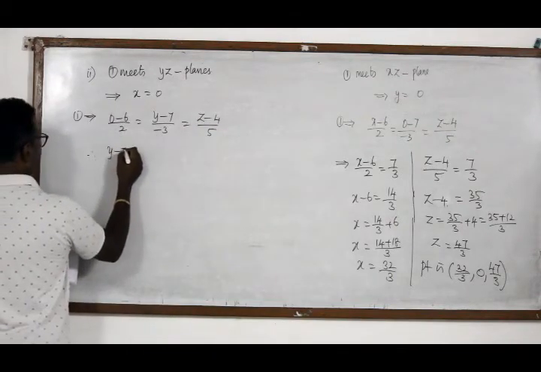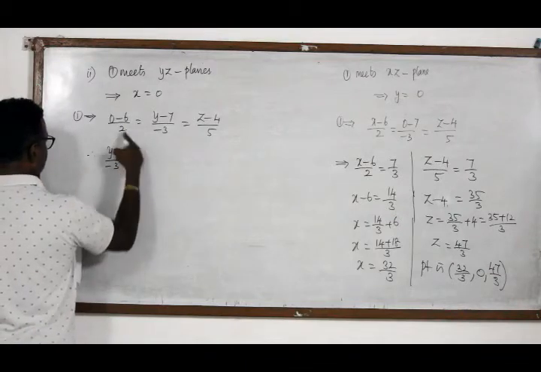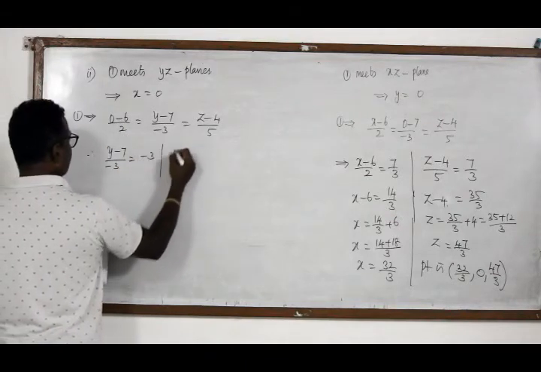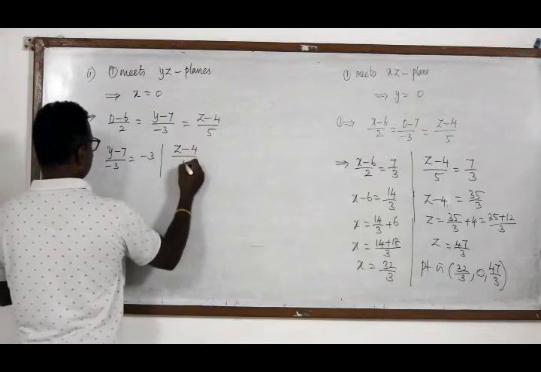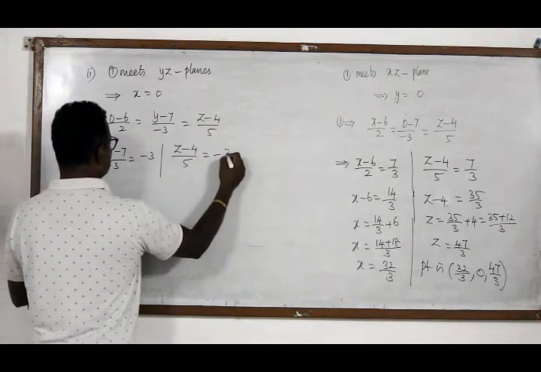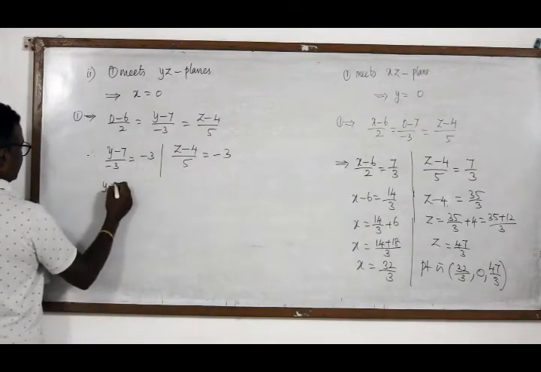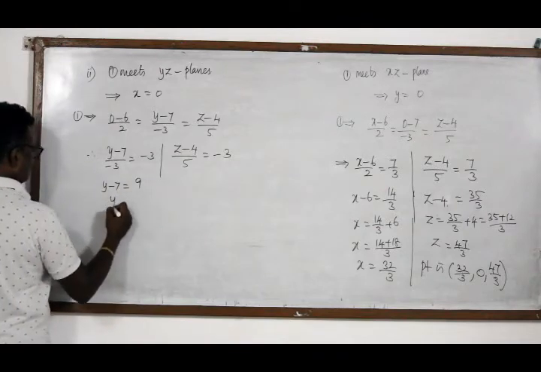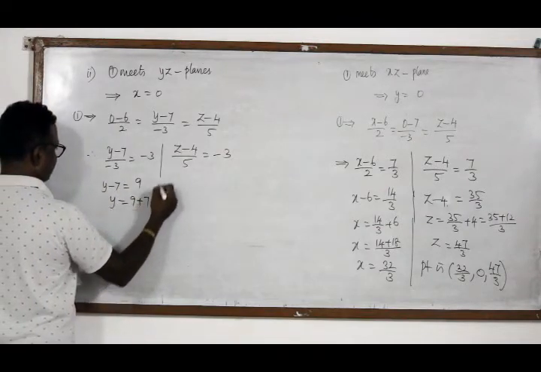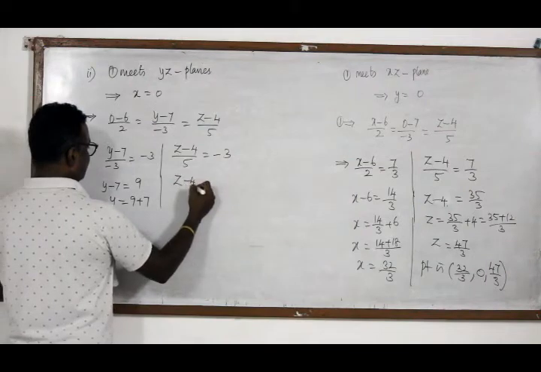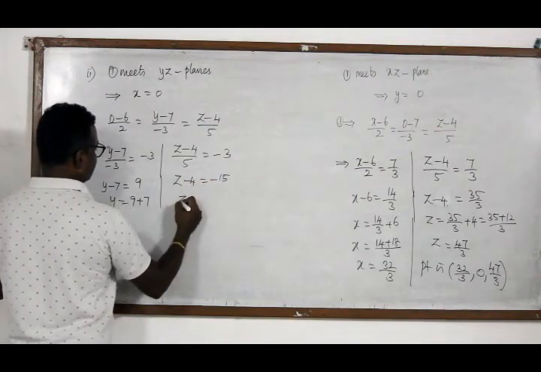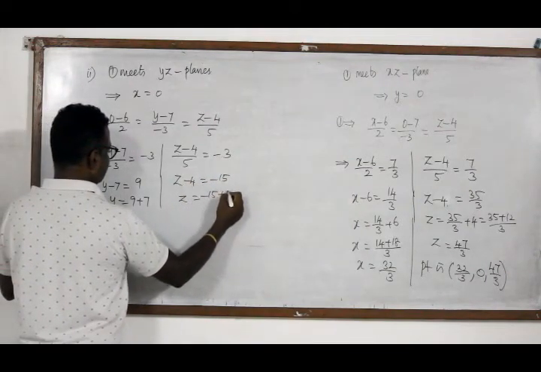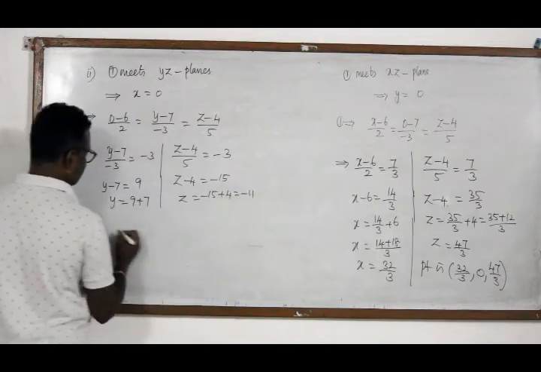Therefore, (y minus 7) by minus 3 is minus 3 or (z minus 4) by 5 is equal to minus 3. Then y minus 7 is plus 9, y equal to 9 plus 7. Z minus 4 equal to minus 15, z equal to minus 15 plus 4, that is minus 11.